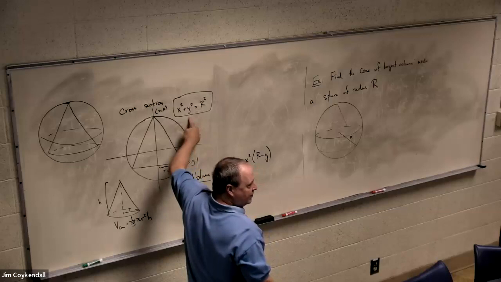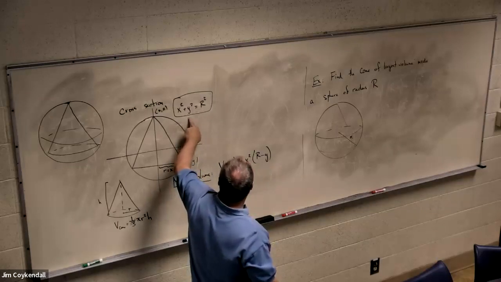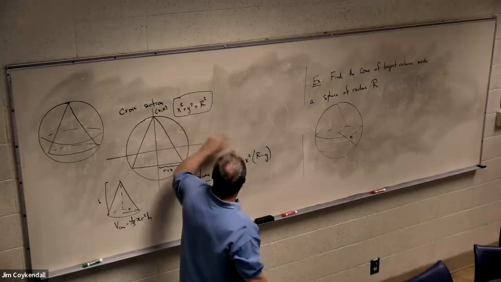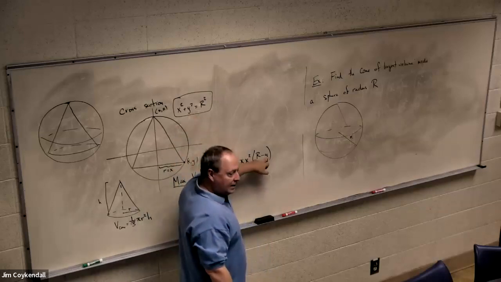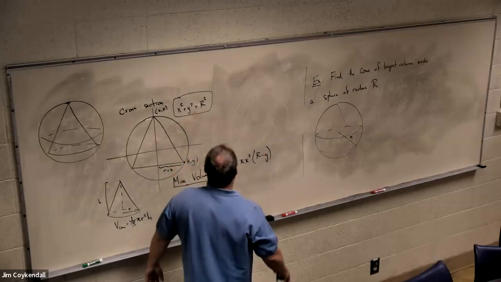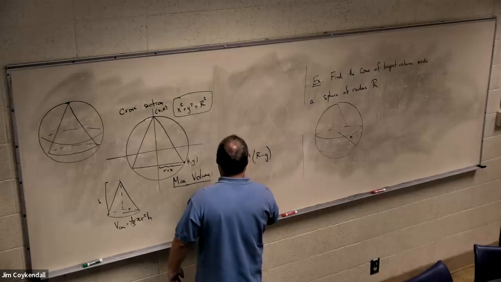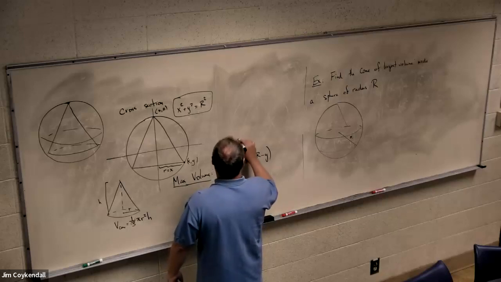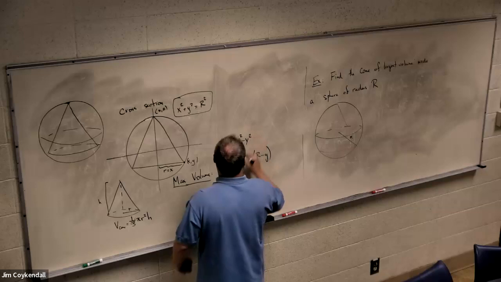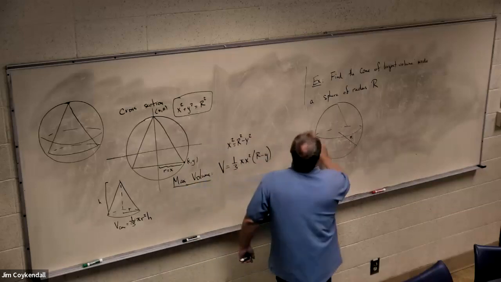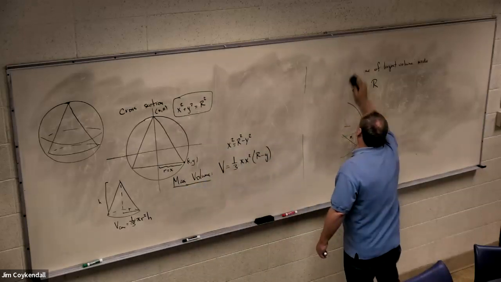It's easier to substitute for X, because to substitute for Y, I'm going to need to take a square root. But notice that X squared is R squared minus Y squared. And so I can improve my volume formula, and it doesn't even need a square root.